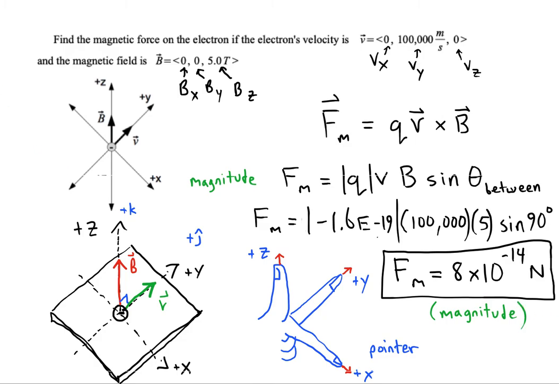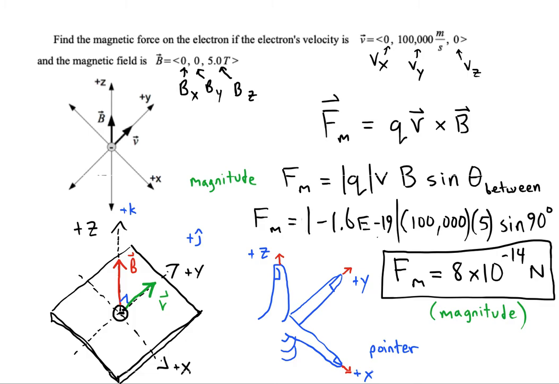Now, one thing to keep in mind here is you want to think very carefully about the direction of the force as well, because that's all part of this. We want to find the strength of it, certainly, but the direction is challenging to find. And we have a right-hand rule, but now what we're also going to have is a left-hand rule. So we would use a right-hand rule for positive charges and a left-hand rule for negative ones.